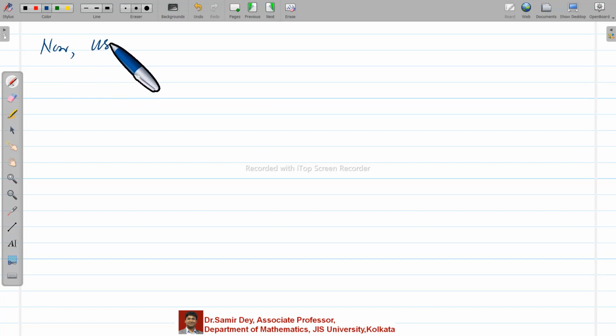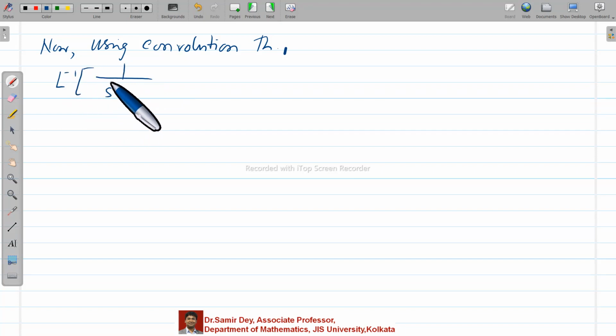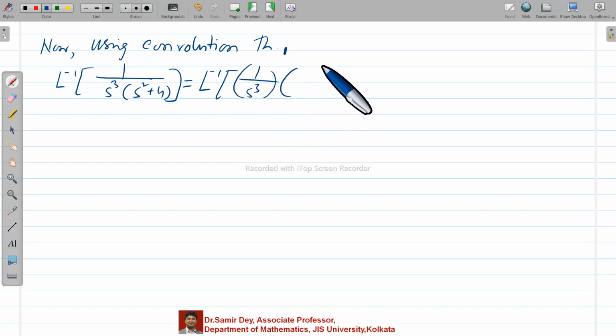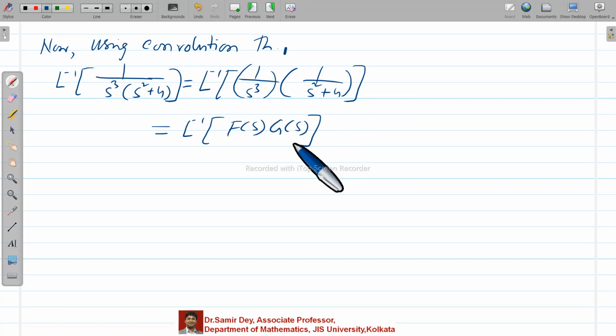Now please write down, using the convolution theorem. First write down your question. So L inverse of 1 by s cube times s square plus 4. So you may write L inverse of 1 by s cube times 1 by s square plus 4, which is your Fs into Gs.